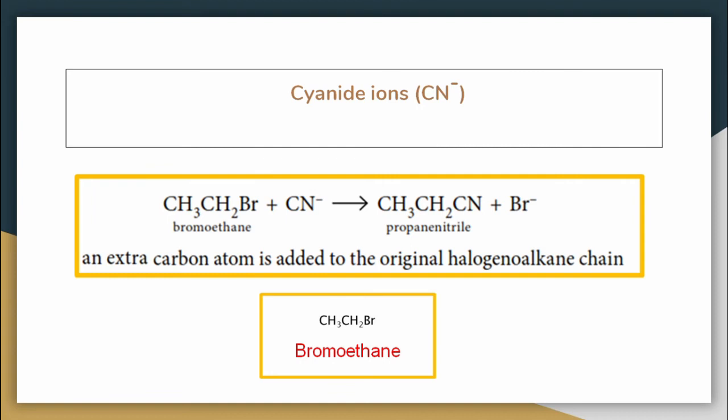The extra carbon is added to the original halogenalkane chain. The use of cyanide is a good method of increasing the length of a carbon chain by 1 atom, which can be useful for synthesis of organic compounds.